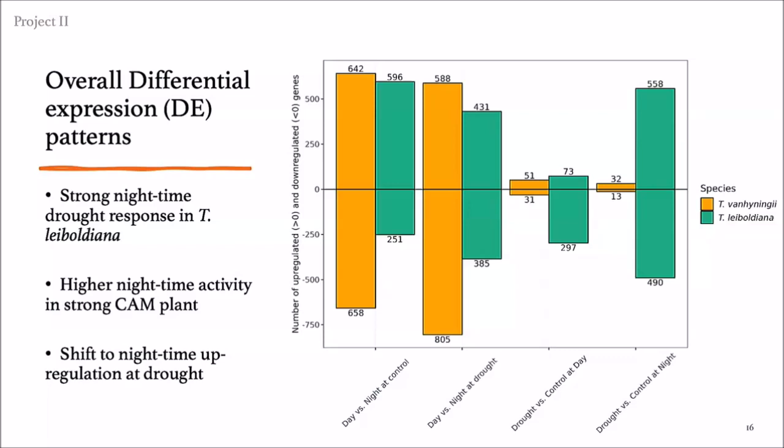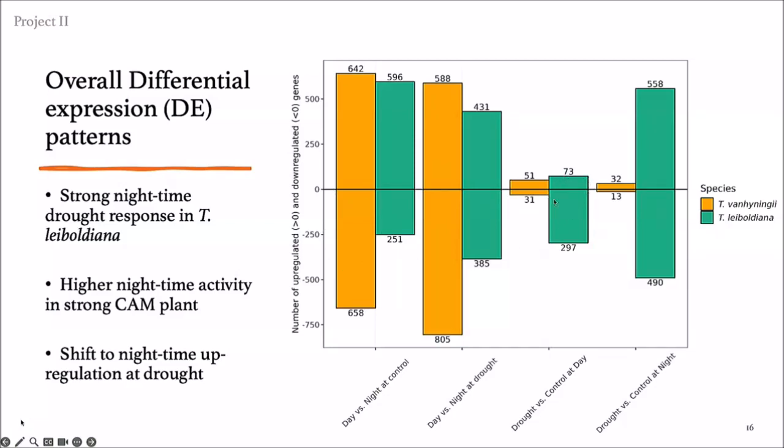But then the day and night differences are a bit more difficult to really see a pattern in because every organism will have constitutive day and night differences. Oh, sorry, I'm not sure if that was clear. So everything that is positive is upregulated at day. The negative counts are downregulated at day. And here it's the opposite.